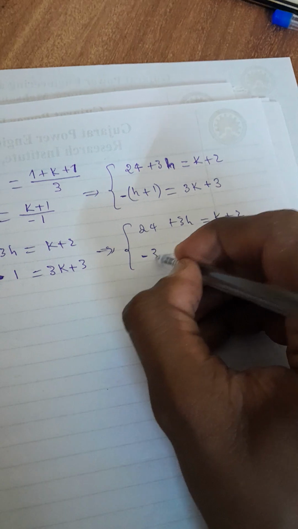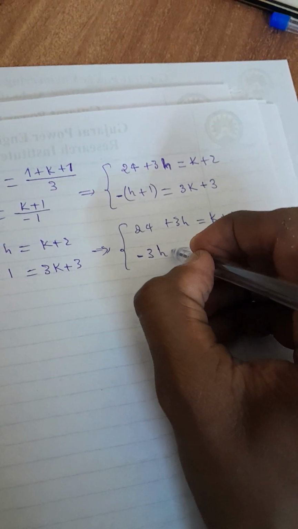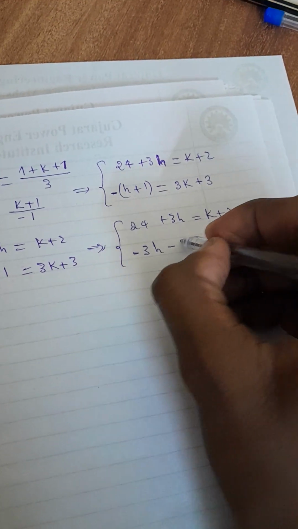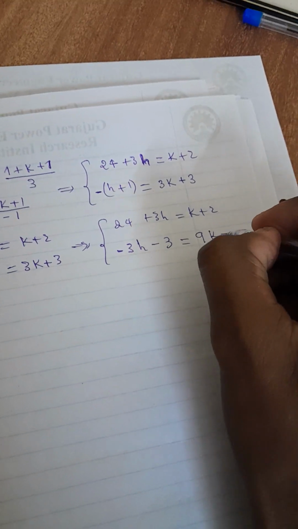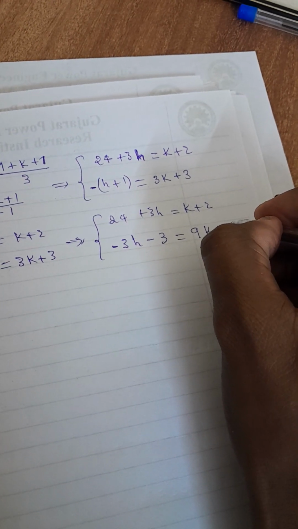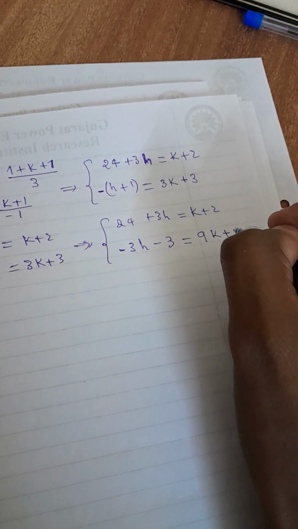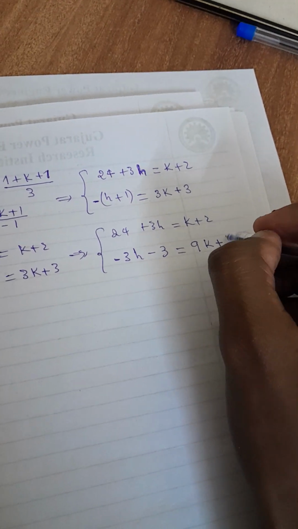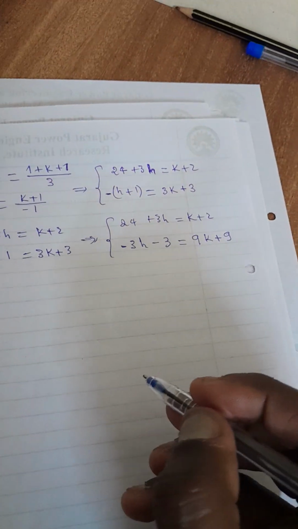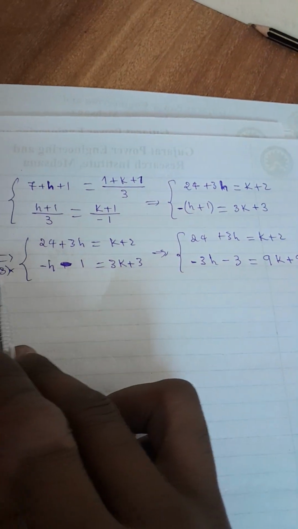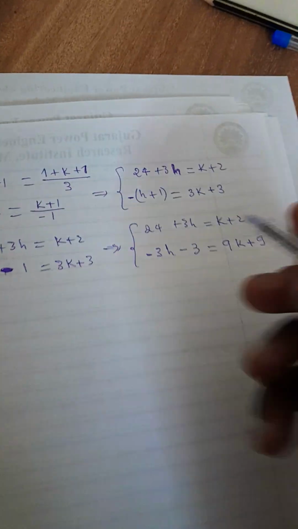So it will be minus 3h, and here it will be minus 3 equal to 9k plus 9. If you just multiply all of these terms by minus 3, it will be this.